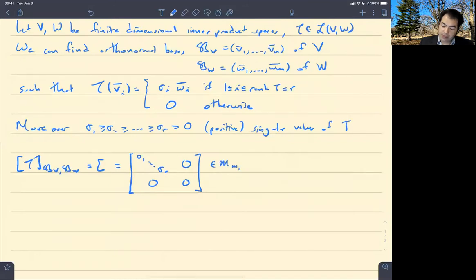It would be an m by n matrix with coefficients in F. So as I mentioned before, these are the positive singular values, and we will mostly be working with the positive singular values, but you will find in other sources that the singular values are all of the elements of the diagonal here. So they are the positive singular values and then a bunch of zeros, however many zeros you have on what's left of the diagonal, until you reach one of m or n.